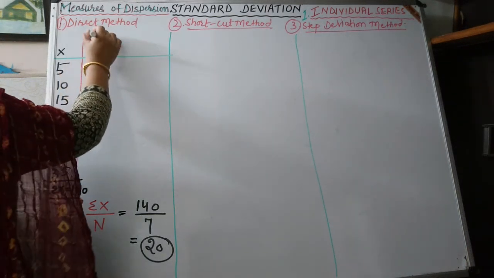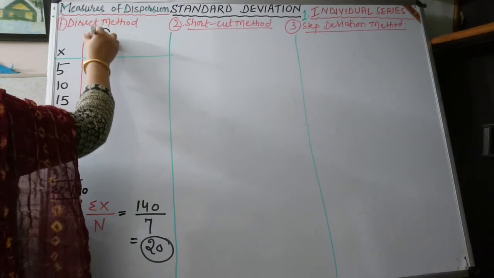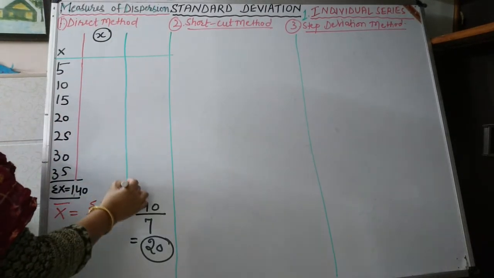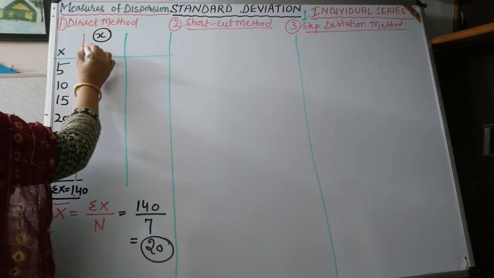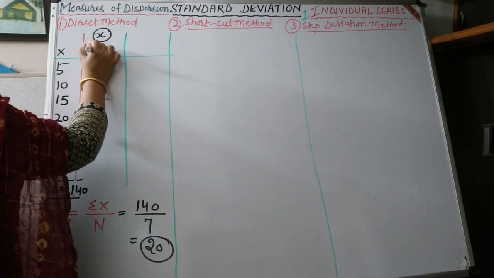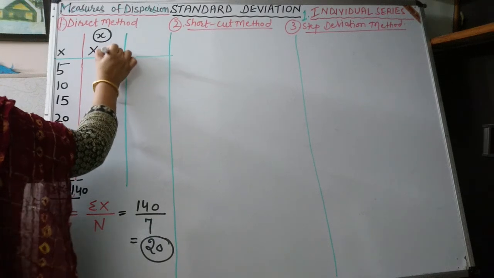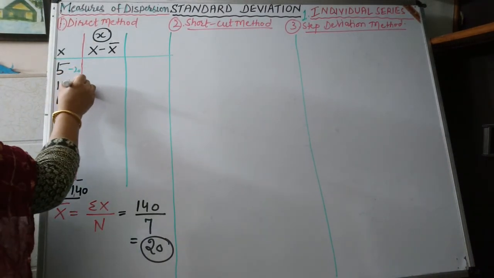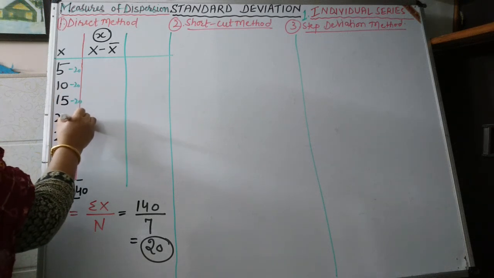Now let us calculate the value of small x. For the calculation of small x, from all the values of x we will deduct x bar. It means 20 will be deducted from all the values of x.